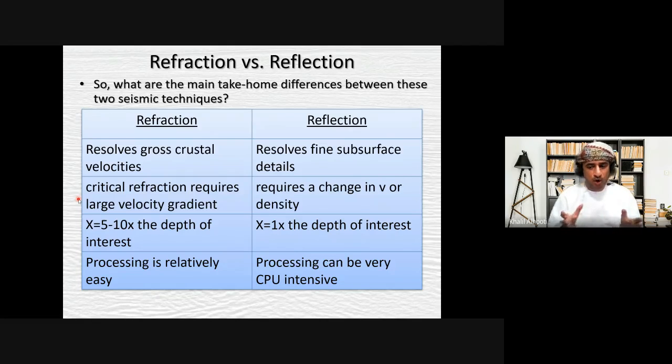What is the spread? It is the distance from the first to the last geophone. If I want to image 5 meters, who can answer me? Are you guys with me?